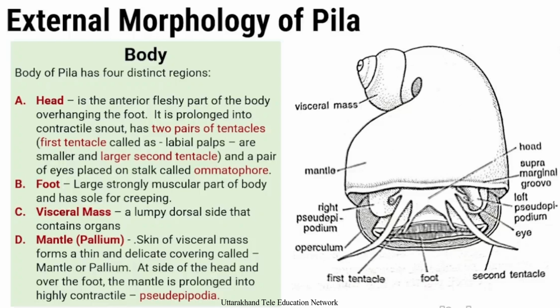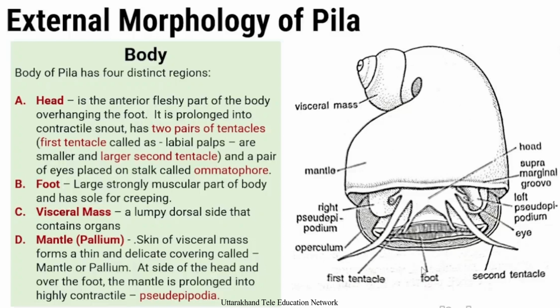It is prolonged into a contractile snout and it has two pairs of tentacles. First tentacles, called labial palps, are smaller, and the second tentacles are larger. And a pair of eyes, you can see here, placed on a stalk called ommatophore.